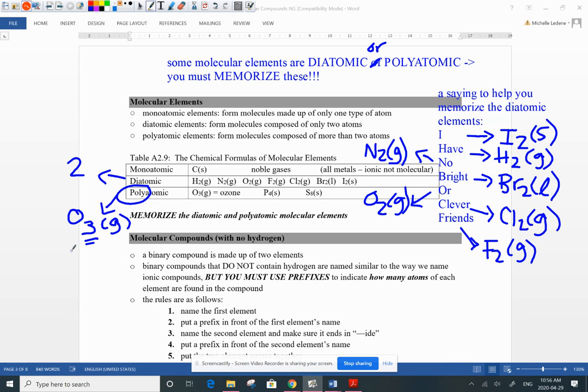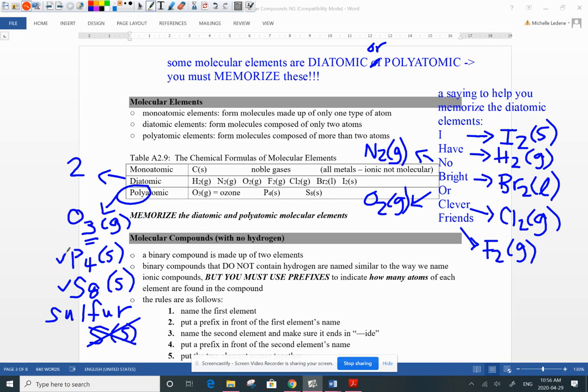They're sharing electrons. P4, which is a solid, and S8 is a solid. So if I asked you what is the formula for sulfur, and you wrote just S solid, that is not correct. You wouldn't be able to get a mark for that. It is a polyatomic. So you have to memorize these diatomic and polyatomic.